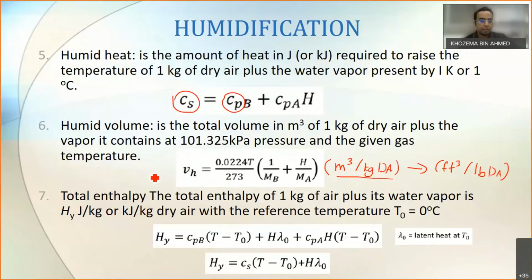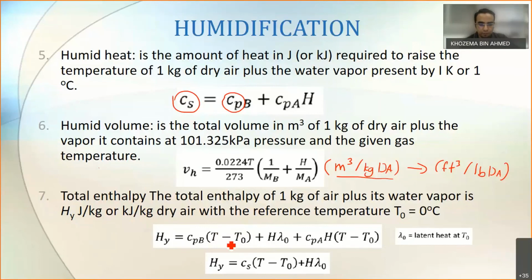And the final important definition that you must know is the total enthalpy. So the symbol is HY. So the total enthalpy of 1 kg of air plus its water is HY. The unit is going to be joule per kg or kilojoule per kg dry air, with the reference temperature at T equal to 0 degrees Celsius.